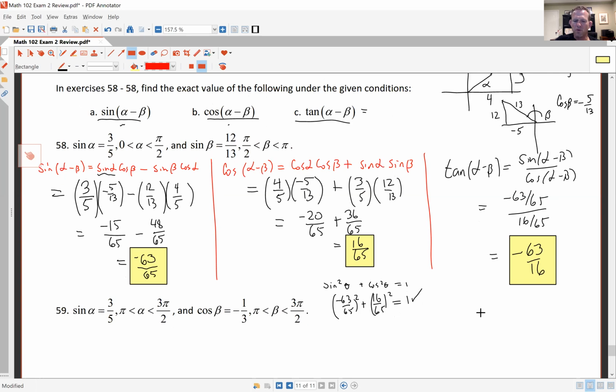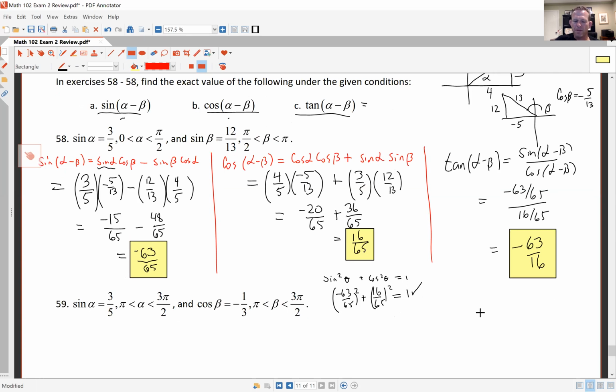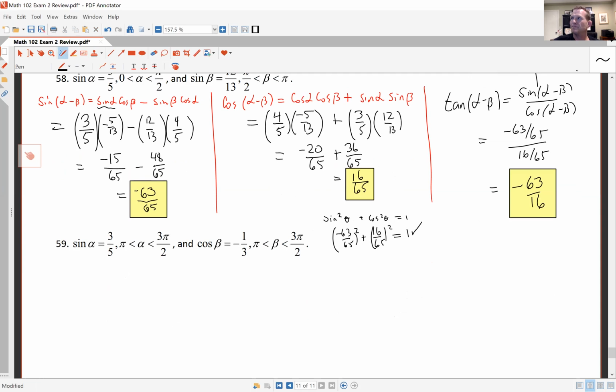Okay, so let's do one more of these. This time alpha is greater than pi and less than 3 pi over 2.